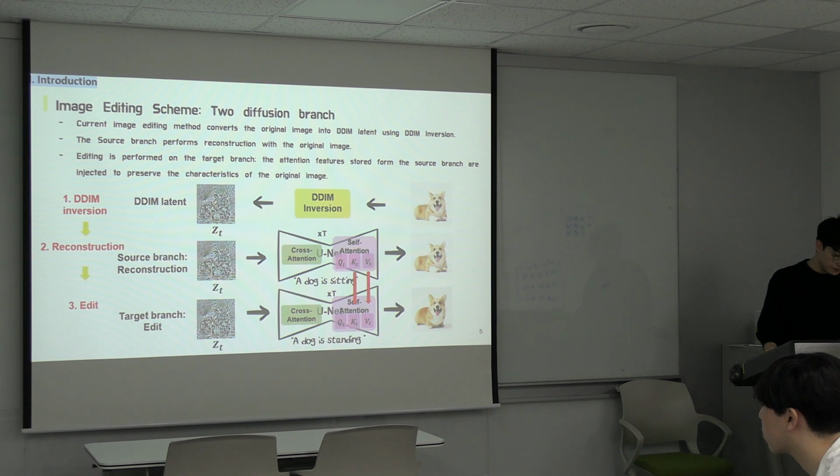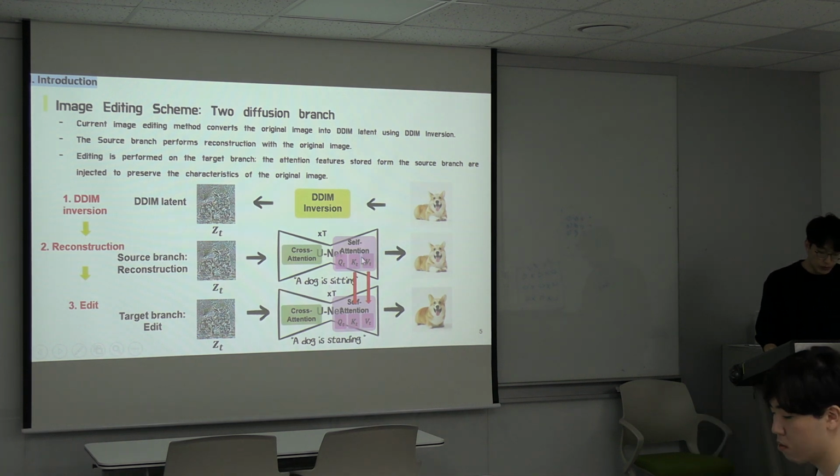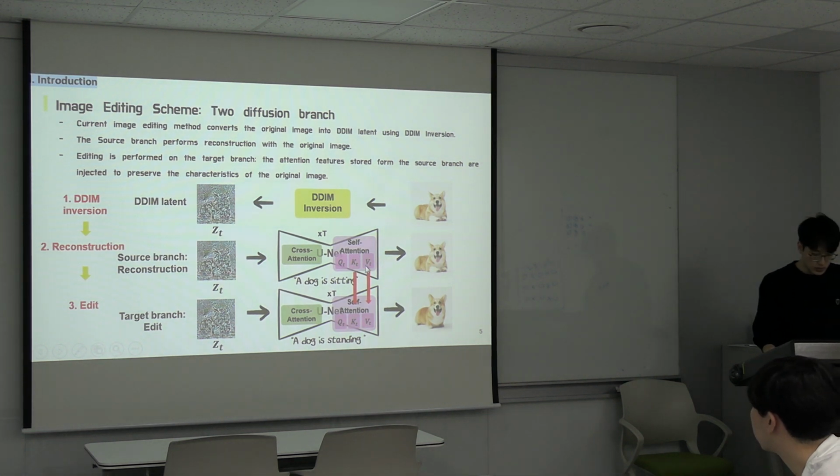So using this DDIM inversion, we can get the DDIM latent. But I'll skip the details of DDIM inversion. After we get this DDIM latent, the DDIM latent and the user's prompt go through the UNet to reconstruct the original image. During this process, the attention features in the self-attention module are saved.